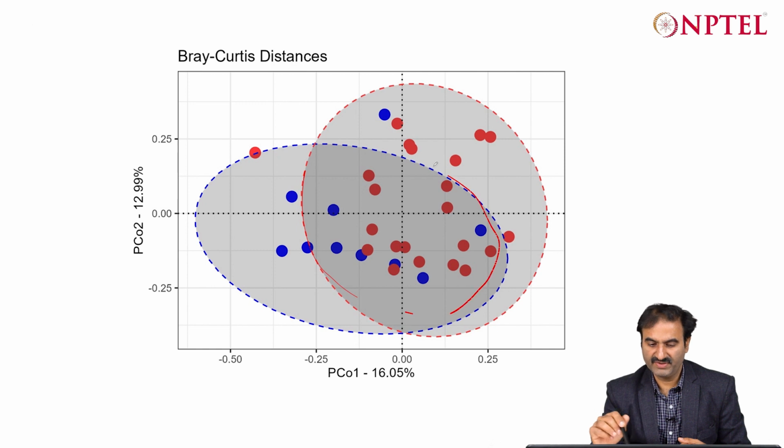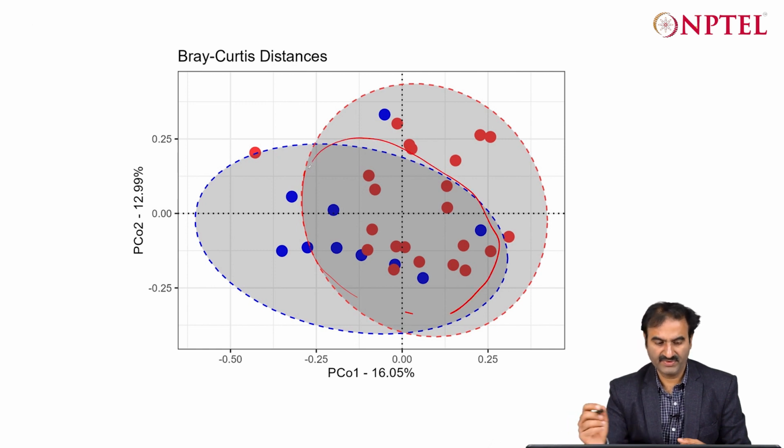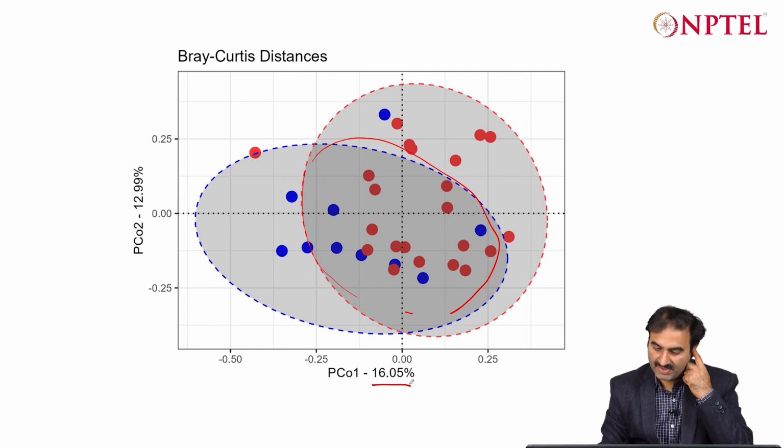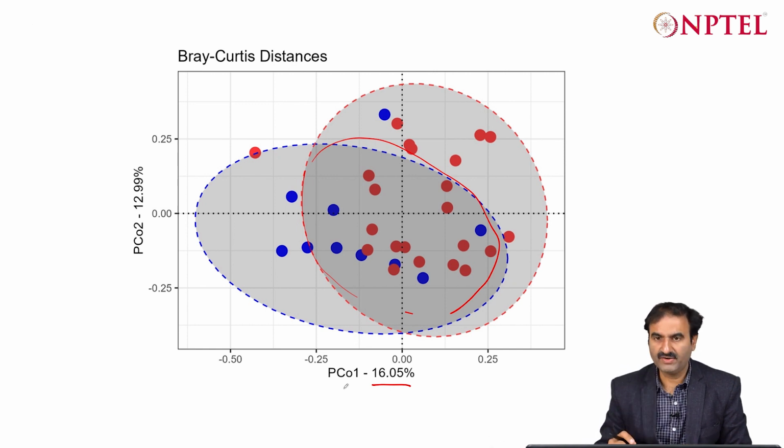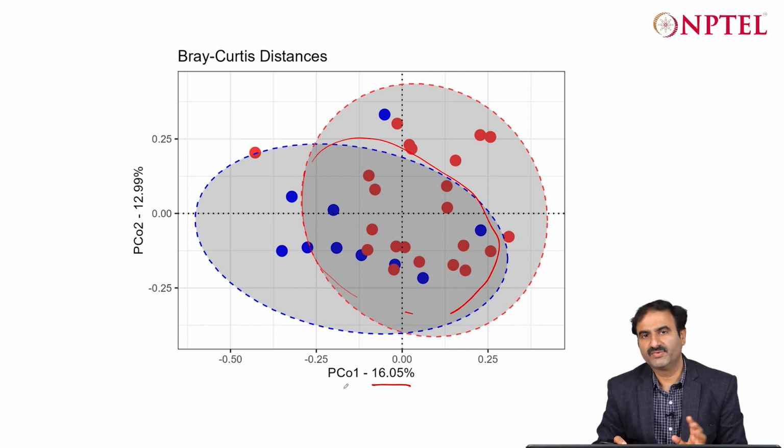This is the overlapping region which contains almost all the samples, and it is not able to explain a lot of variation. That means the principal components are not able to explain most of the variation in the data. Only 16% on the first axis, and only a few points are segregated, but still they are very close in terms of the overlap.